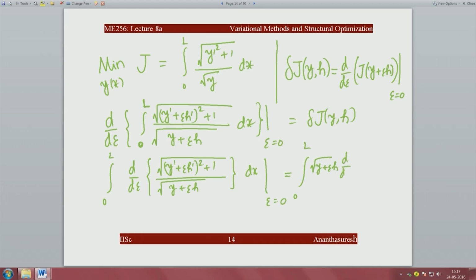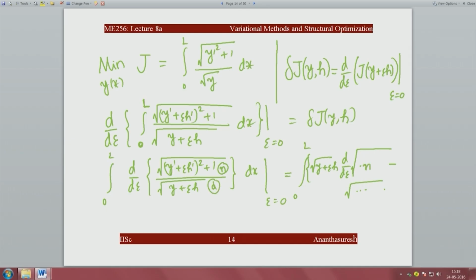Right now, I will just write d by d epsilon of the square root of whatever we have over here, and then we will say this is all the numerator, minus the square root of whatever we have over there. Let me call this numerator nu, and this denominator d.